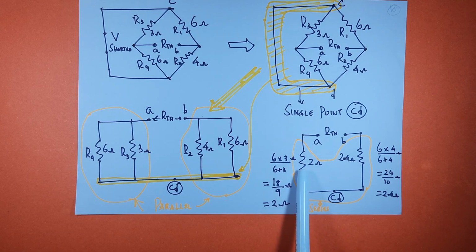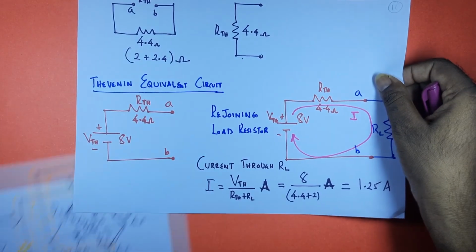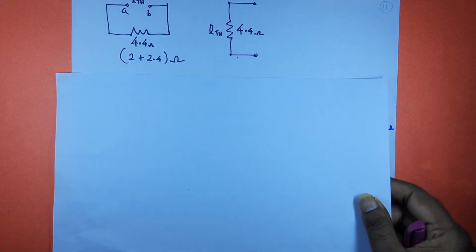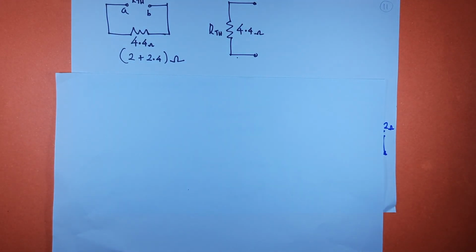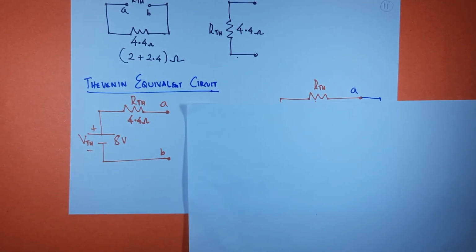Now these two resistances are connected in series because they have only one common point CD. So finally, 2 plus 2.4 is 4.4. So RThevenin is 4.4.